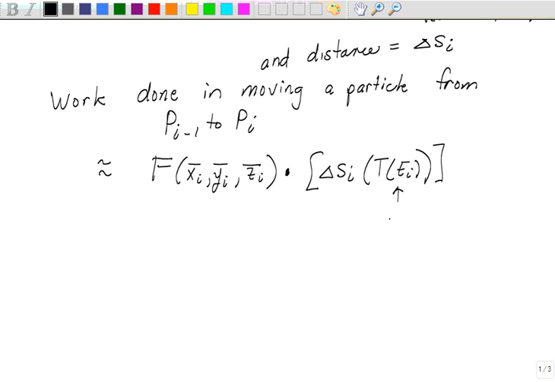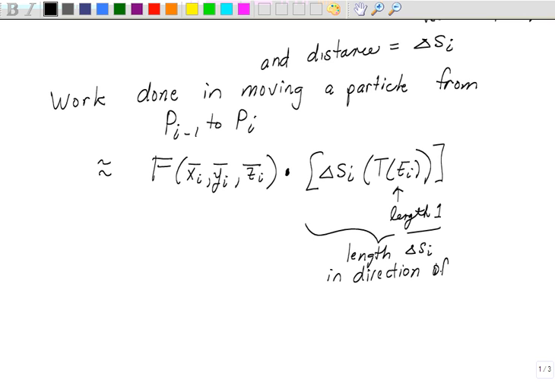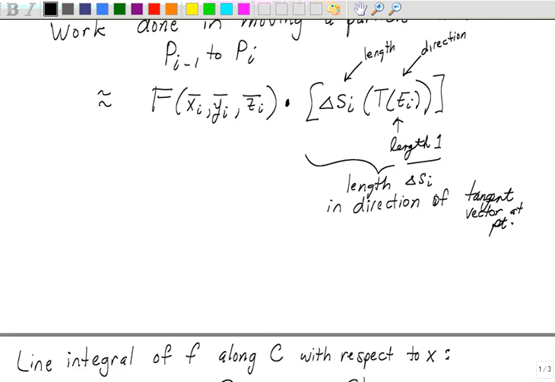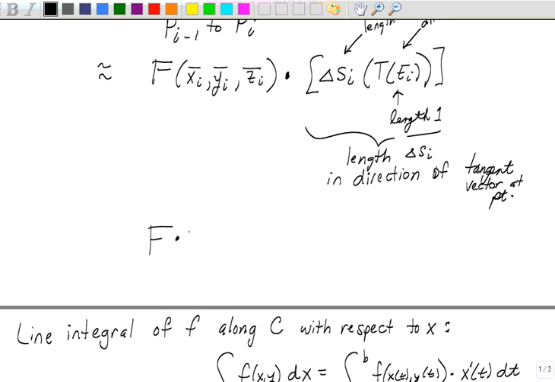Because this has length 1, so this vector has length delta s i, and it's in the direction of the tangent vector. So this gives us the length, this gives us the direction. And that gives us our displacement vector. Which we can rewrite as F dotted with the tangent vector times delta s.